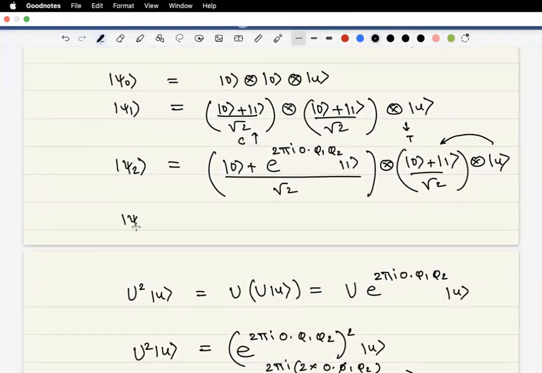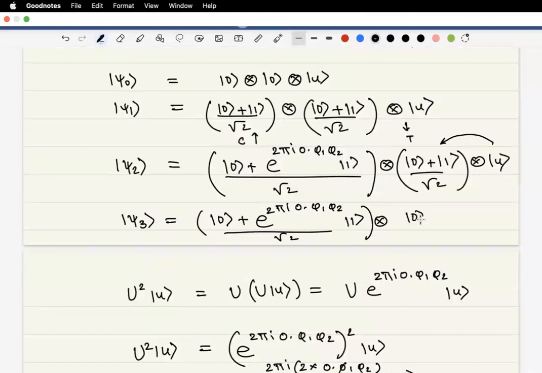So psi3 will be equal to (0 plus e to the 2 pi i 0.phi1phi2 1)/square root of 2 tensor (0 plus e to the 2 pi i 0.phi2 1)/square root of 2, and then there is a tensor u over here. So this will be psi3.